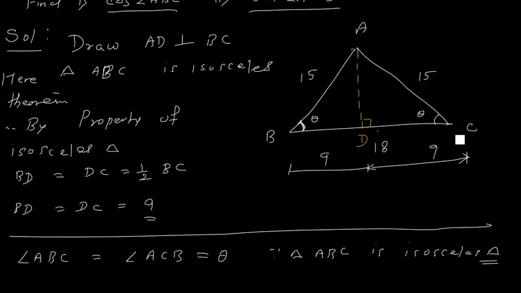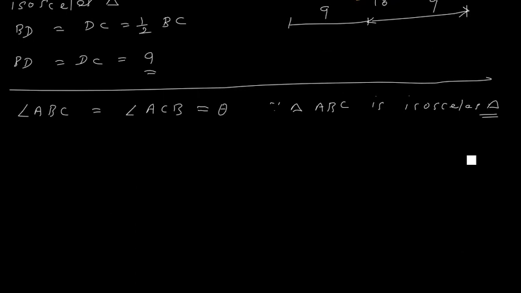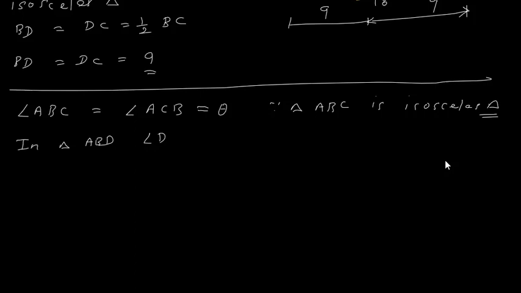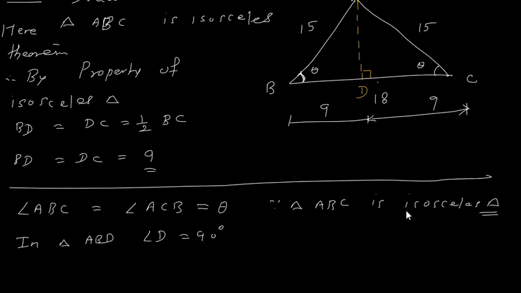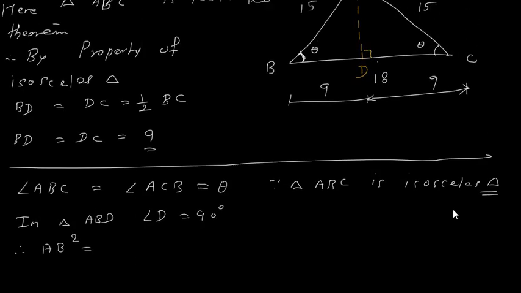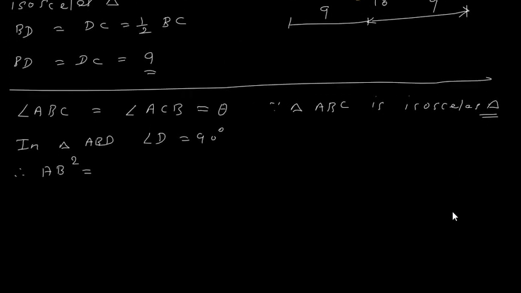So in triangle ABD, angle D is 90 degree. Therefore, AB square is equal to AD square plus BD square.